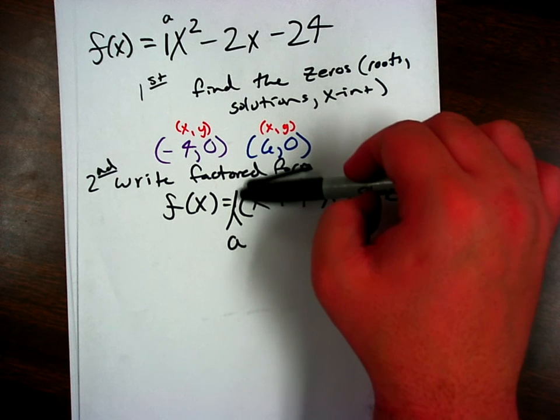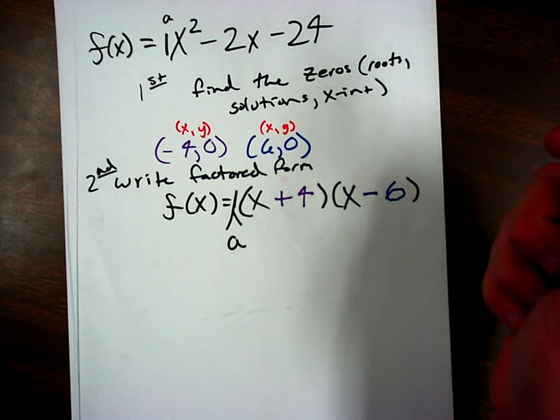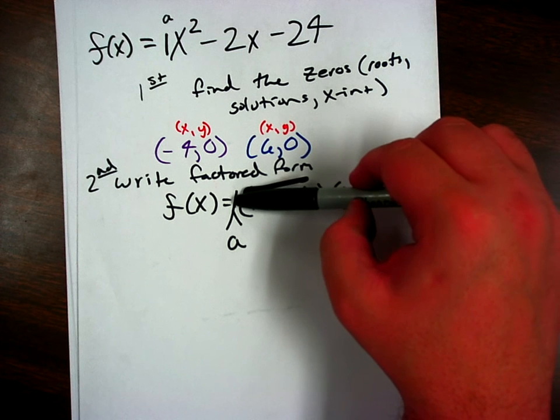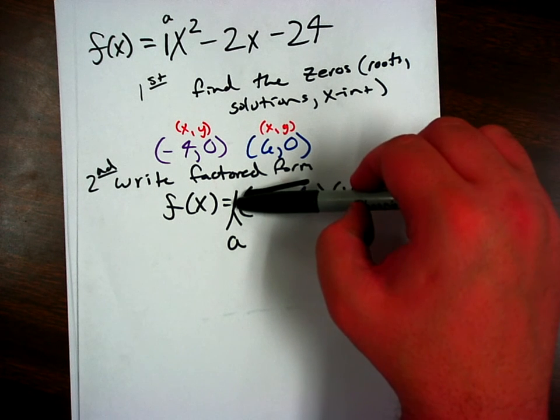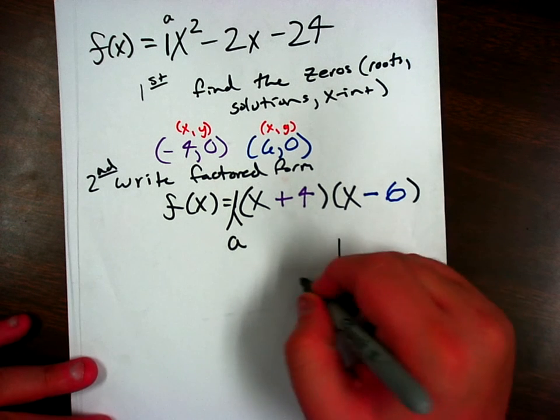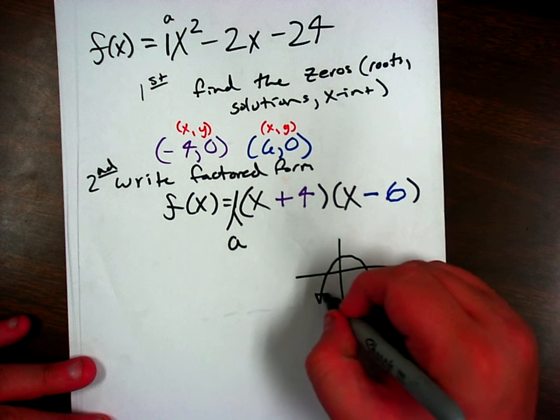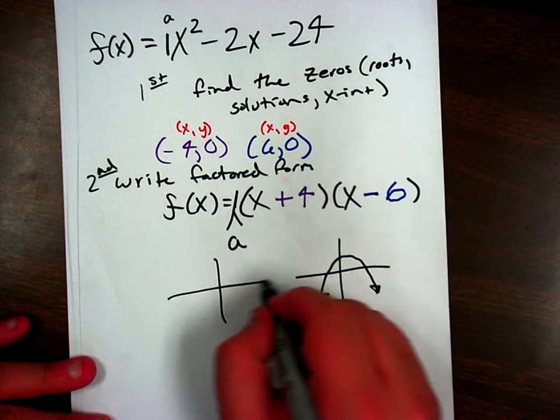So if this a value is greater than 1, it's going to open upwards. And if this a value is less than 1, meaning if it's a negative, it's going to open down. Okay, and here's an example. The graph opening down. That one opens down versus this one opening up.